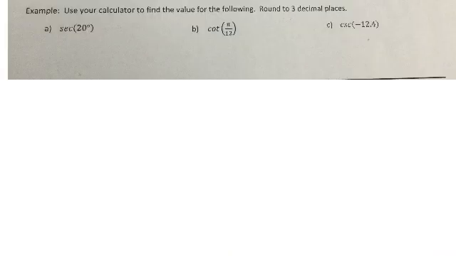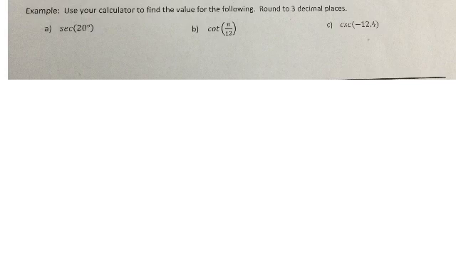Okay, so the first one here tells us to find secant of 20 degrees. So make sure your calculator's in degree mode first. You're going to have to go back and forth between degrees and radians, or you're going to have to go through converting, which nobody wants to do. And now to find secant of 20 degrees, we're just going to put in secant. Everybody see their secant button? Oh, okay, we didn't have one.